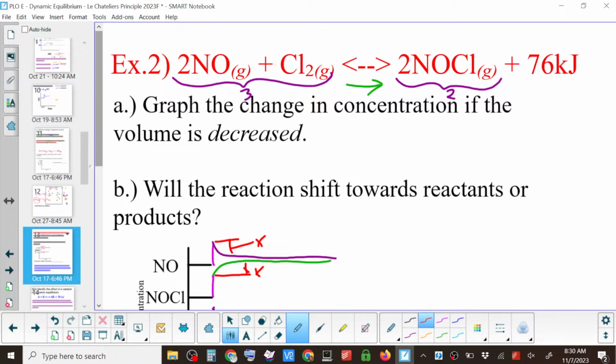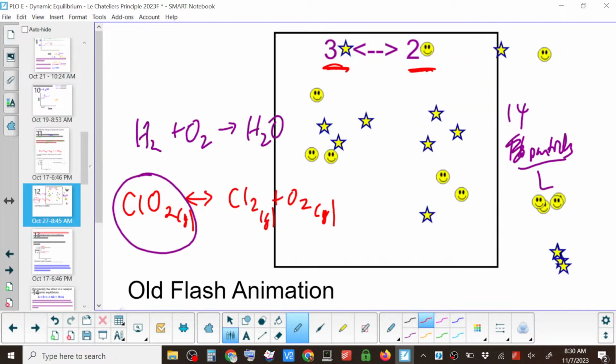But now that it is at equilibrium, if we decrease the volume and increase the pressure, which way is the equilibrium going to shift? Decrease the volume and increase the what? Pressure. Then we go to the lesser side. To the lesser side. So go back to my crazy example.